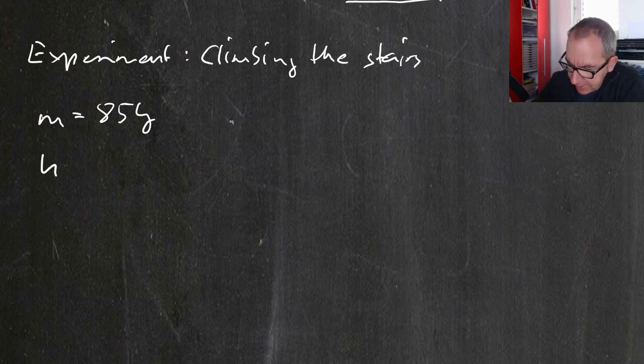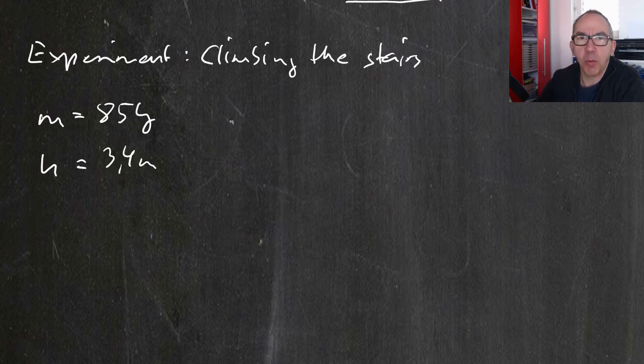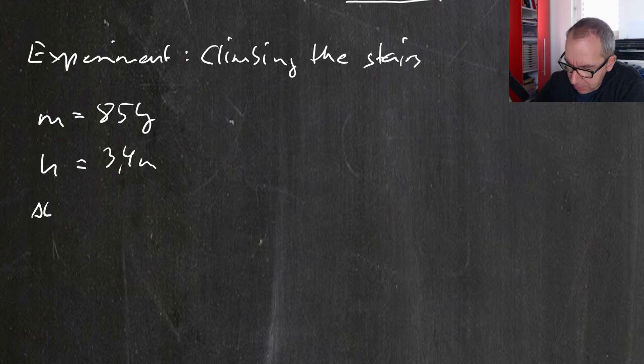So the height, at least if you do that at KME, is 3.4 meters. So at home you have probably a little bit less. And the time could be, let's assume here, 3.8 seconds.